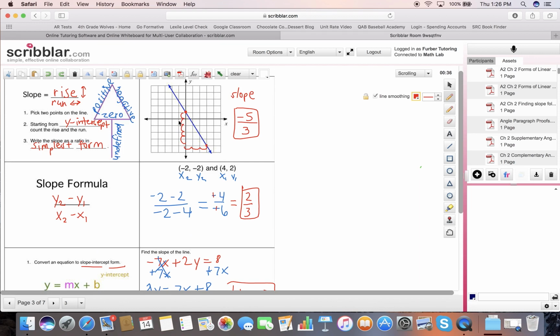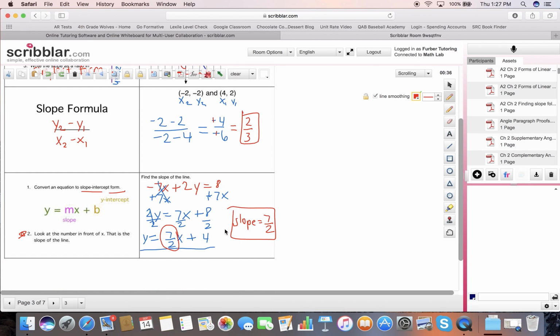You might be given a graph, like this first example, or 2 points. So it's not going to be easy to identify the slope from those, but an equation is very easy to identify the slope from. Okay, so there's 3 ways to identify slope, and we're going to be using that a little bit more as we move through some of our other forms. So we'll move on to point slope form in the next video.